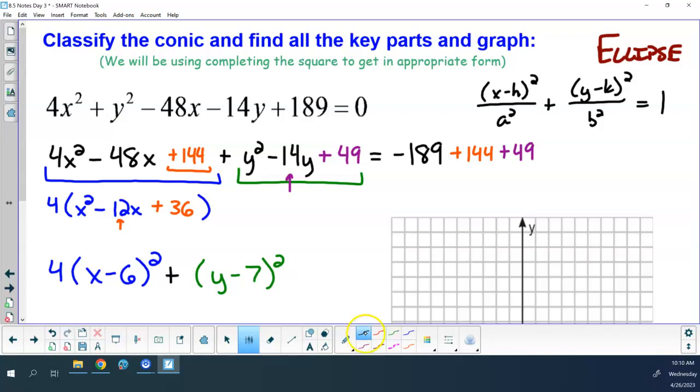And what is that equal to? Yeah, you tell me. No, negative 189 plus 144 plus 49, which is 4.